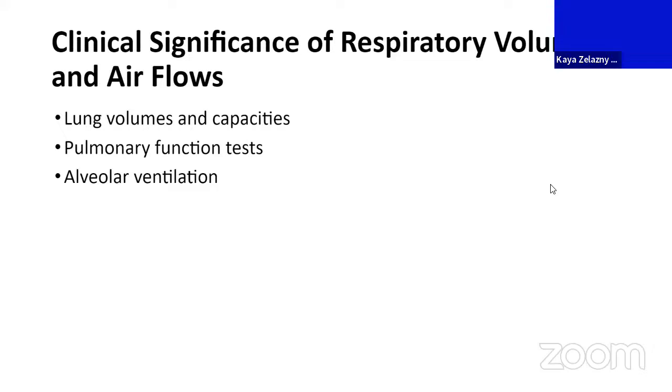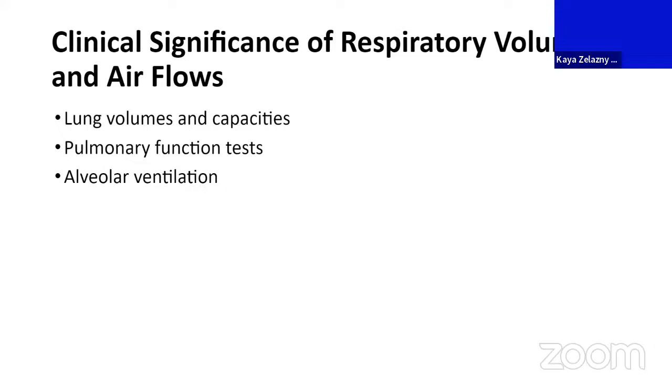Now, if we wanted to talk about how someone's lung is functioning, right, how they're doing, we really want to talk about how much air they are getting and how much good, fresh, oxygen-filled air is getting into the lung. So in order to do that, we might talk about specific volumes of air, as well as capacities for holding air.